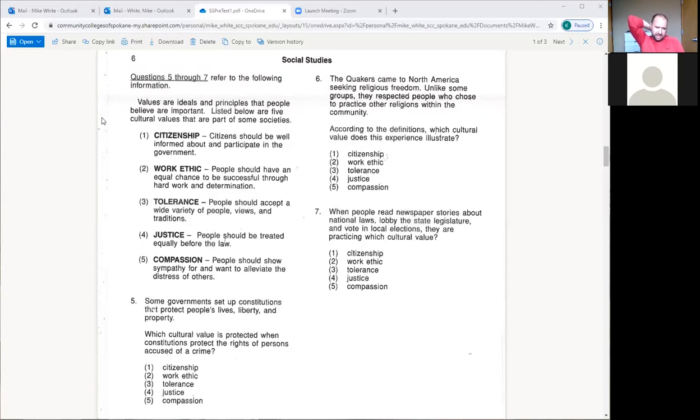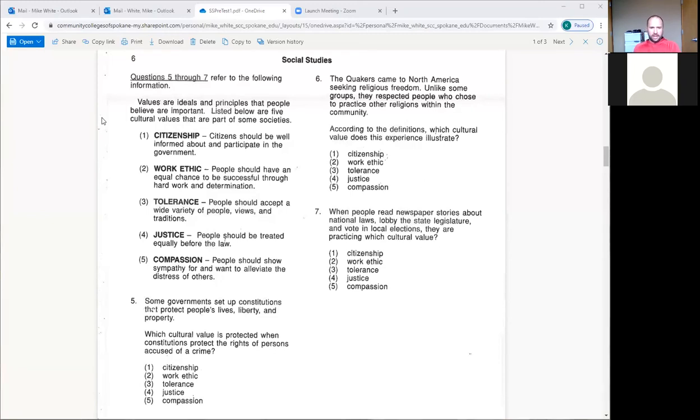Number 5 says, some governments set up constitutions that protect people's lives, liberty, and property. Which cultural value is protected when the Constitution protects the rights of a person accused of a crime? Again, it's going to be the same 5 options for all 3 of these questions: citizenship, work ethic, tolerance, justice, compassion.